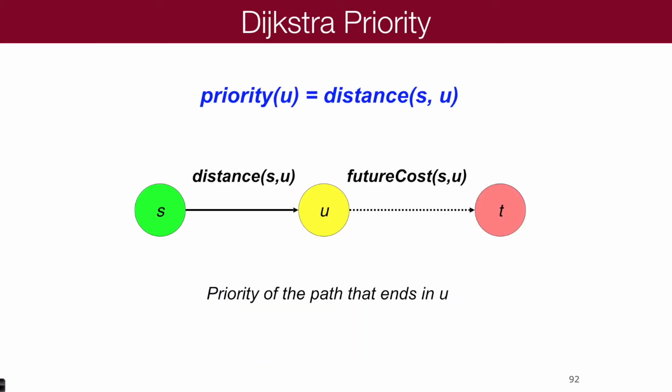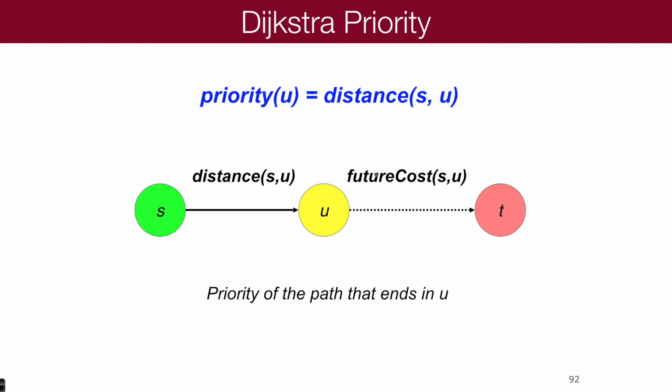Okay, so for priority for Dijkstra, what we do is we basically say the distance plus whatever future cost we have. Now, this is actually an interesting one. There is some future cost that we don't know about that we're going to get to. So we're going to go between S and T, and we know that our next hop might be U, but we're going to have to calculate eventually some other future cost, but maybe we can guess about that.